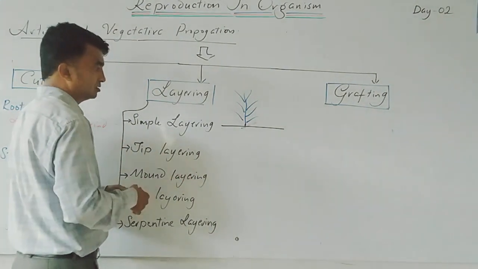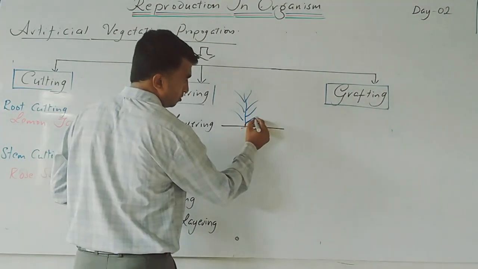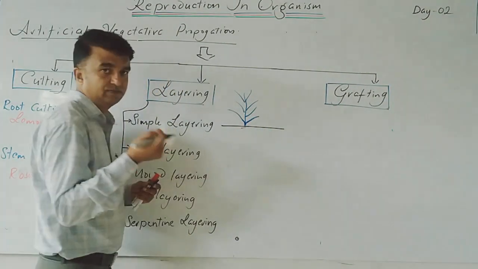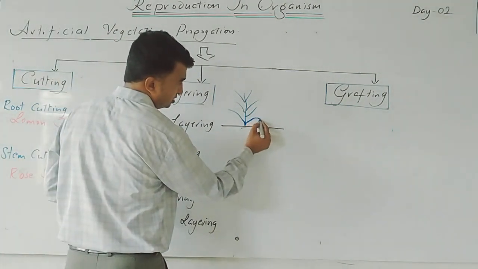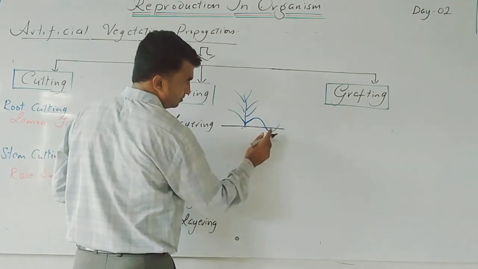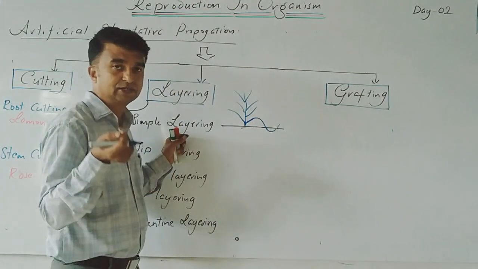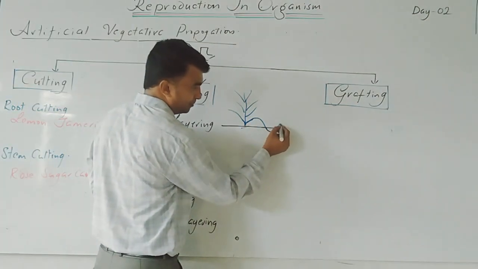In this process, they will take the lower branches and make a small wedge or injury on this stem, and this stem is dipped into the soil. They create a small notch on this stem and bury it in the soil.